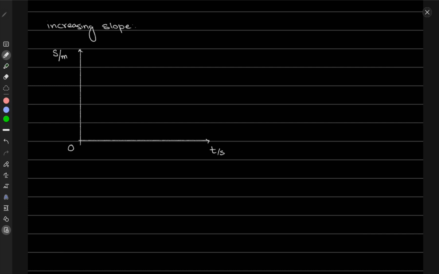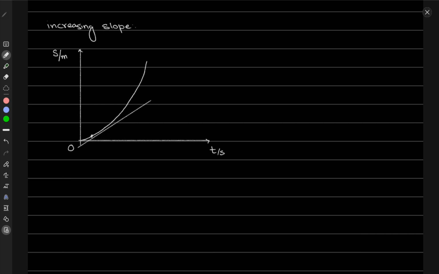Now, a slope that is increasing would look something like this, right? In this case, we can clearly see, if we understand the meaning of slope, that the slope of this curve is given by a tangent at every point on this curve. So for example, if I wanted the slope at this point, I'll just draw a tangent like this at this point.